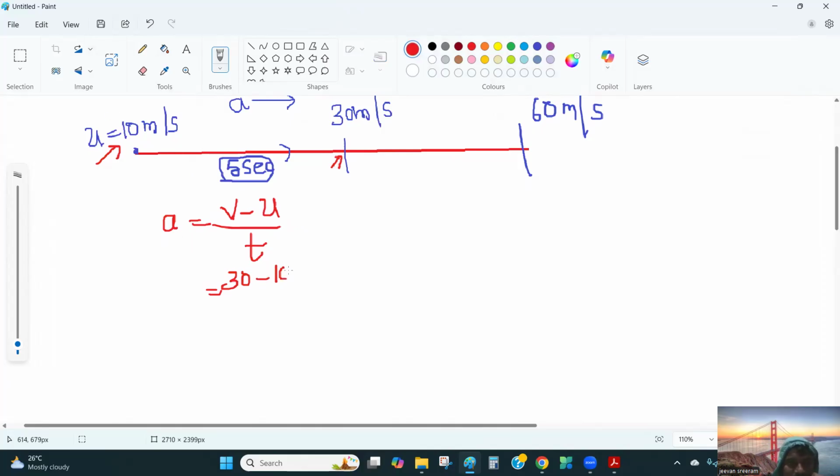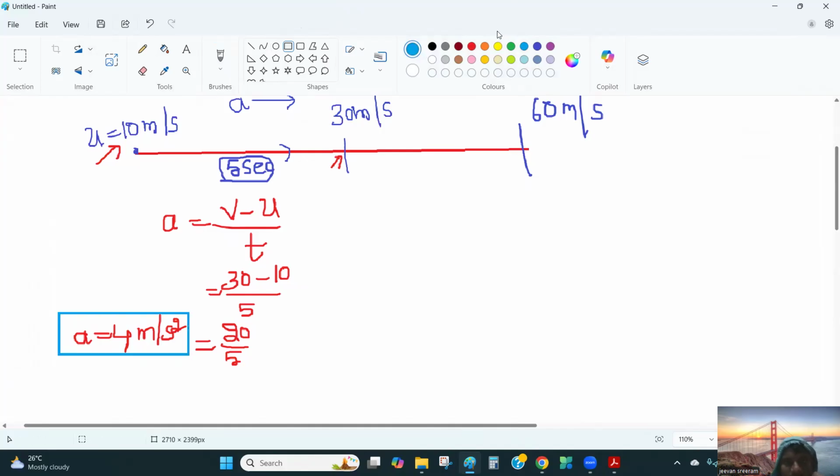That initially is 10. This change happened in 5 seconds. Obviously, 30 minus 10, 20 by 5. 20 by 5 means acceleration is 4 meter per second square, right?